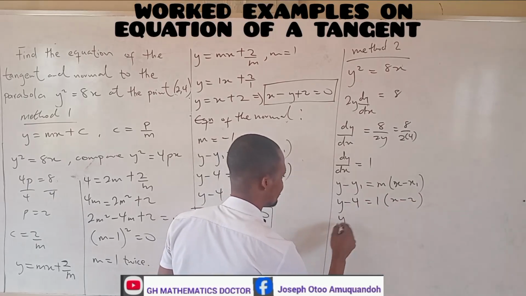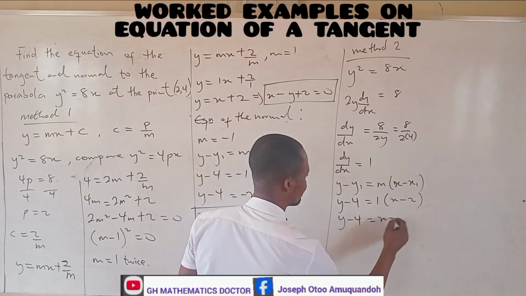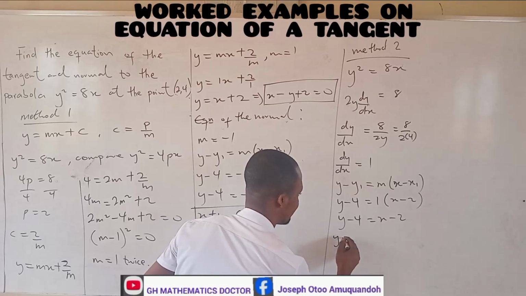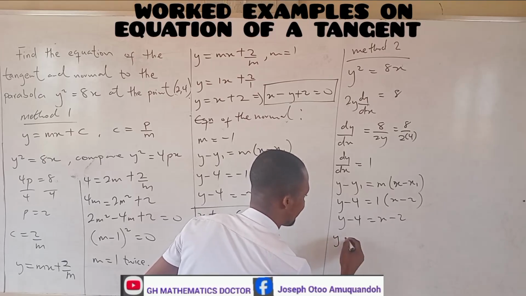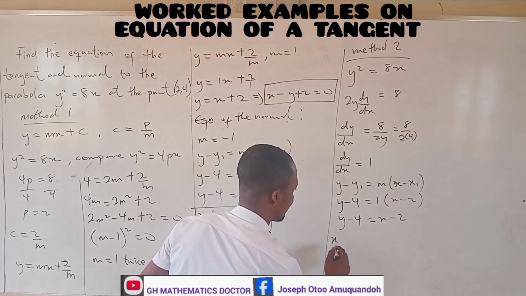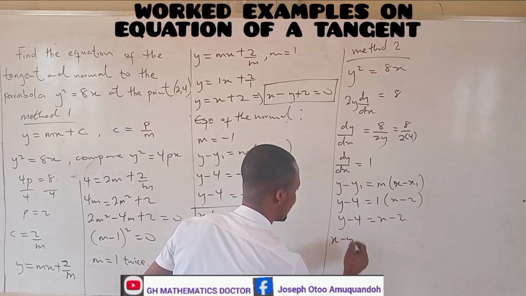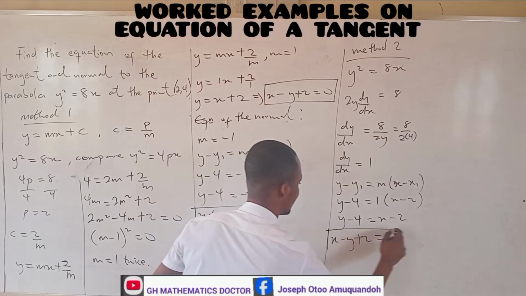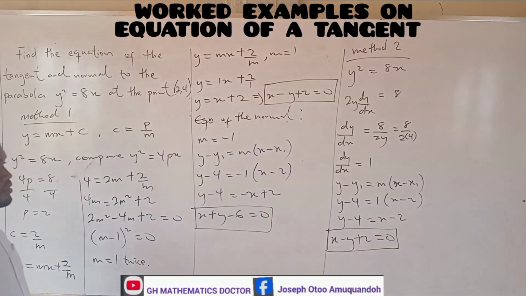Then you solve. So with this, making x come first, x minus y plus 2 equal to 0. And this will give you the equation of the tangent.